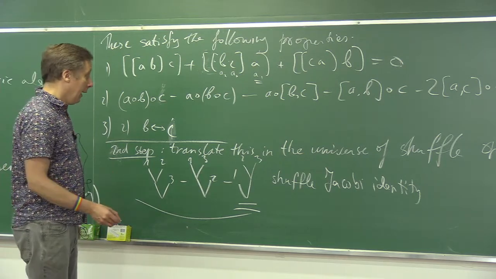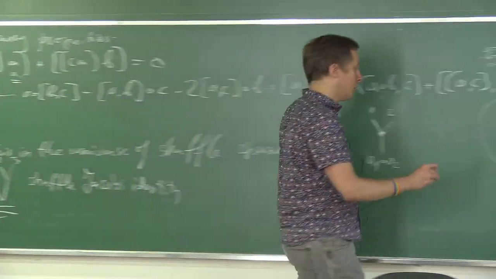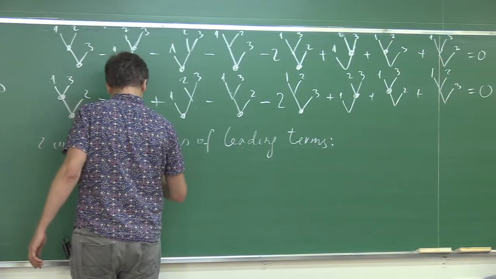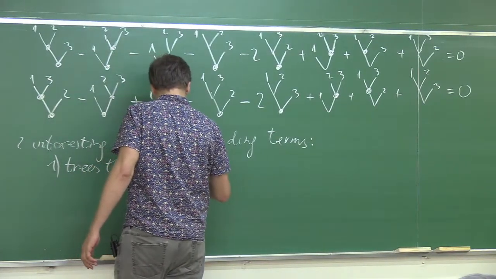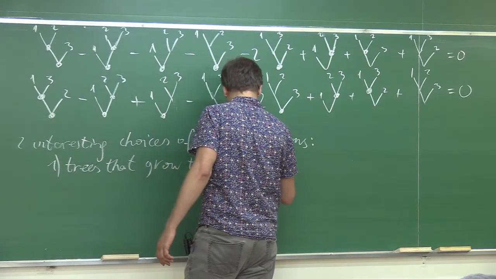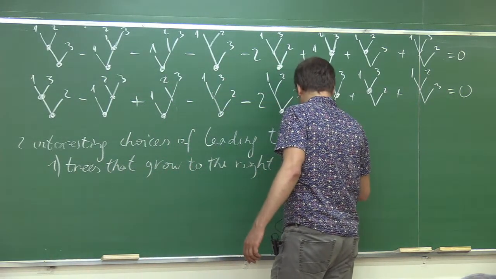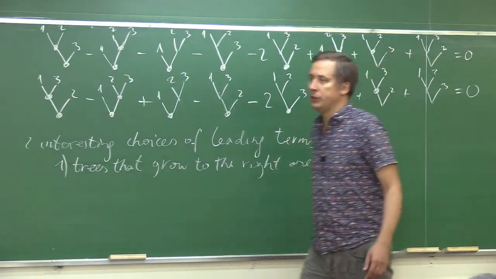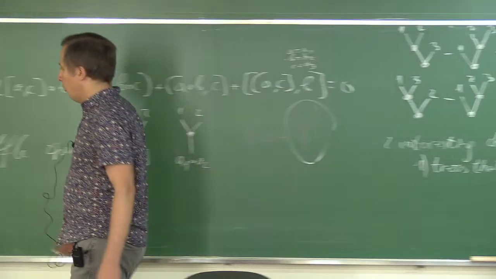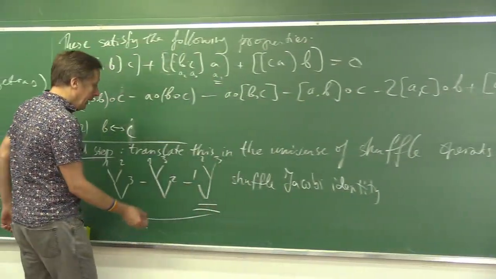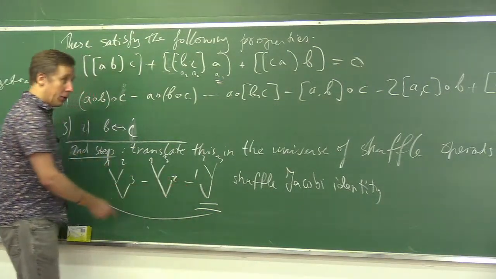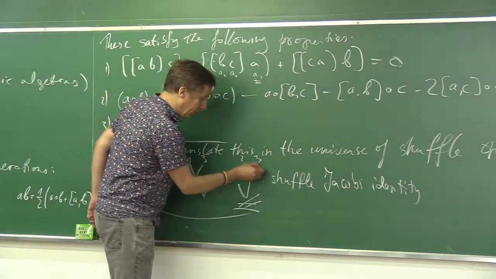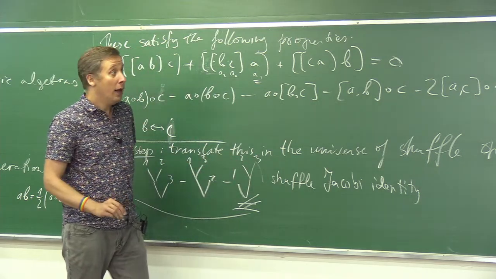So, first choice, trees that grow to the right are bigger. One can formalize this using one of the standard orderings of shuffle trees. So in this case, for the Jacobi identity, you have two trees that grow to the left, one tree that grows to the right, so this is the leading term.